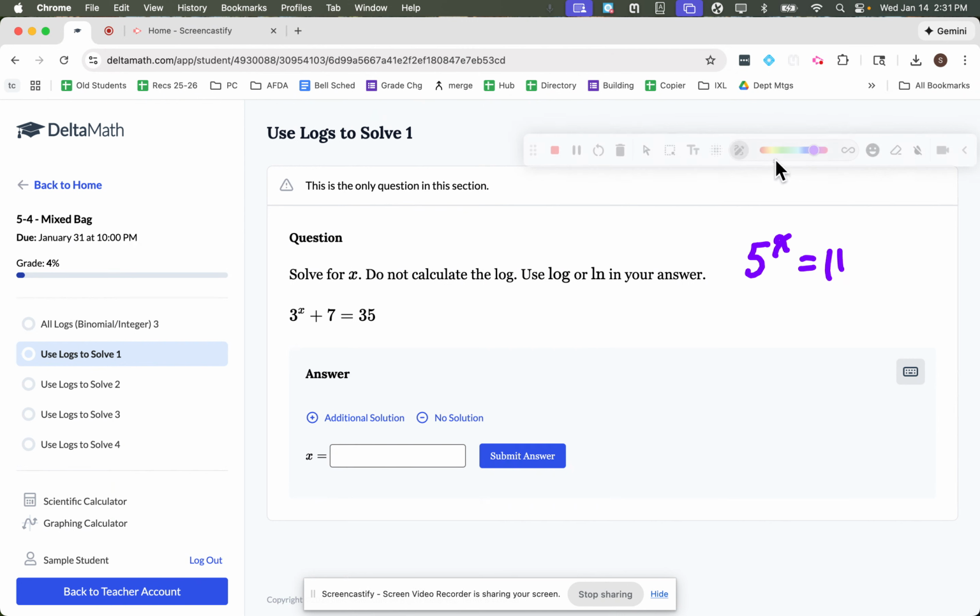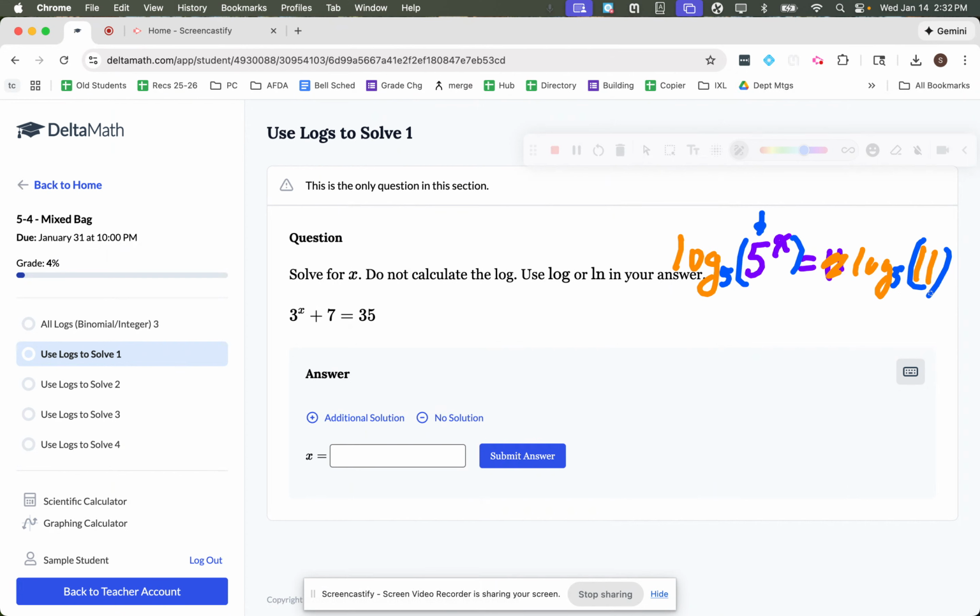Instead of just taking log base 10, which is what log is, and then doing that over here, you can do a bit of a shortcut and say, I'm going to choose log of base 5, because this is 5.